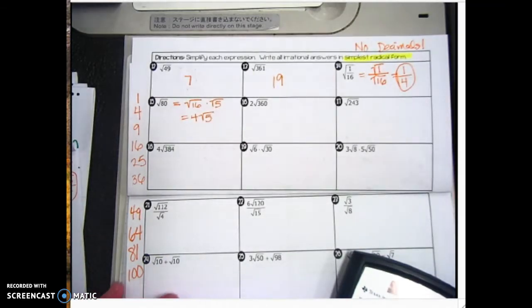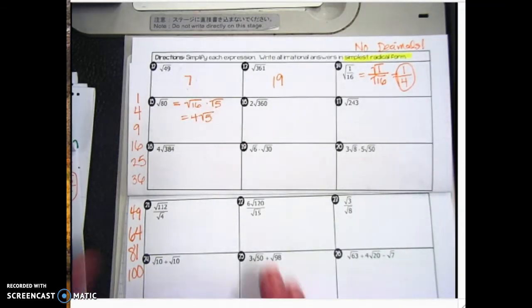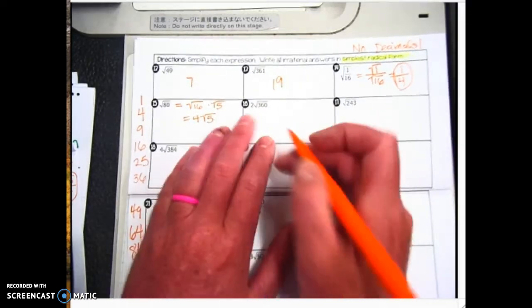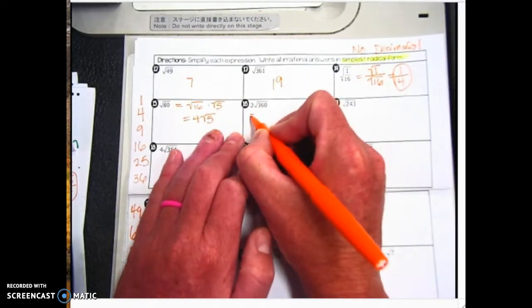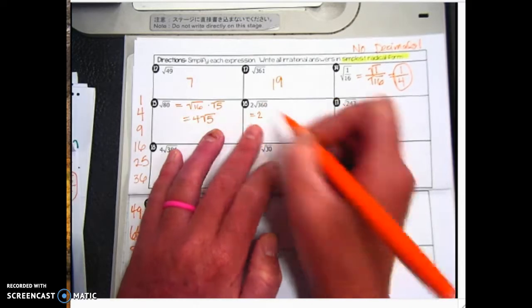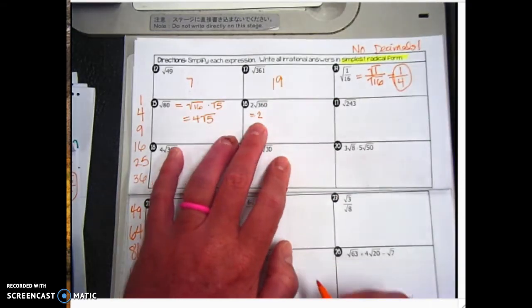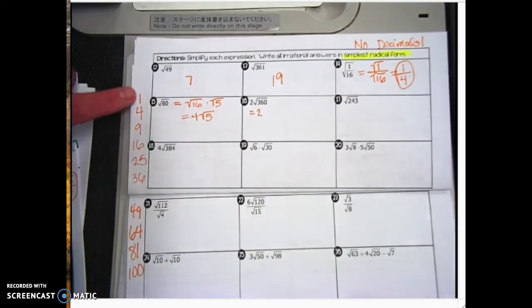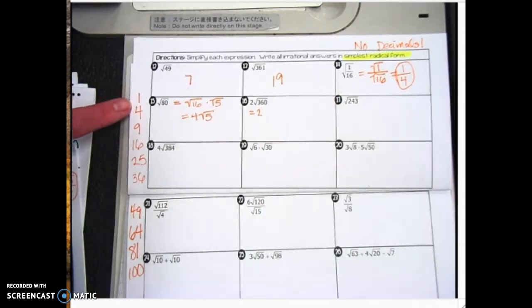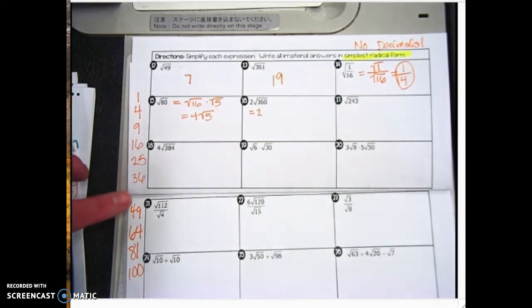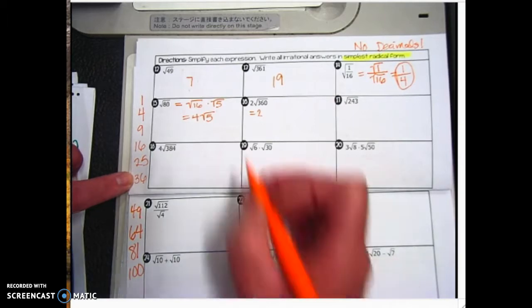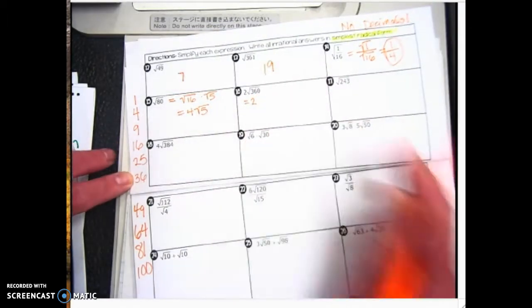Okay? So let's try number 16. We already have a coefficient of 2 out front. And then under the radical, I have 360. Now it's kind of obvious what's going to be a perfect square factor of it. 36, right? You see the 36 in there? That one's obvious.